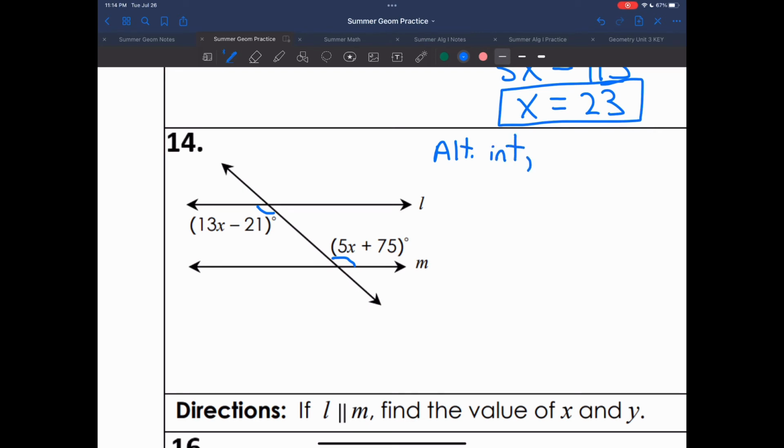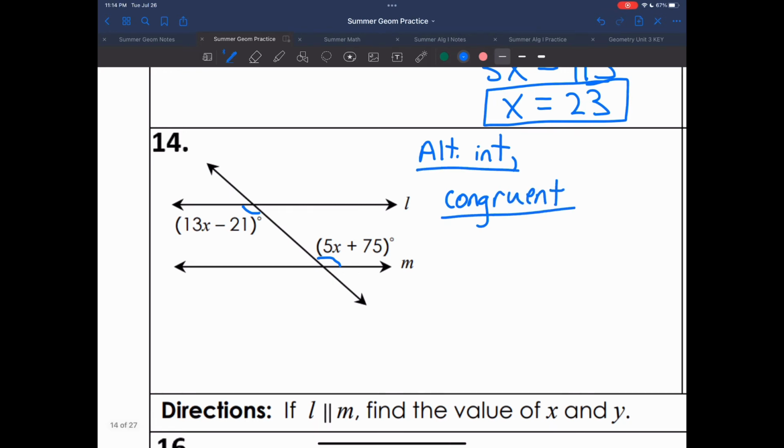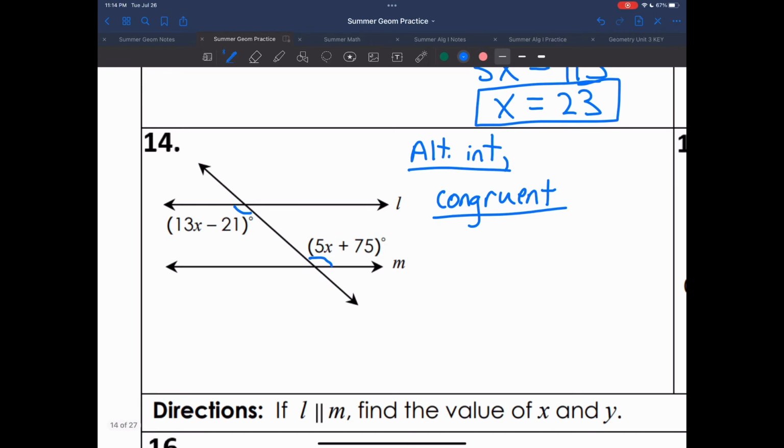Alternate interior, which we know are congruent when we're dealing with parallel lines, which means we can set them equal. So I'm going to set this equal to this, and then it's just algebra from there.